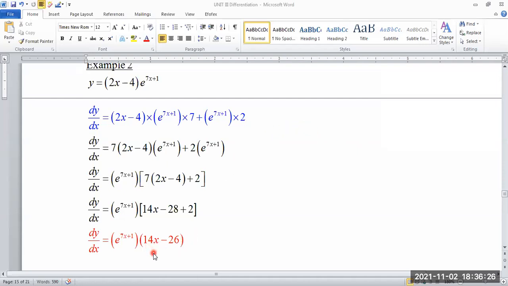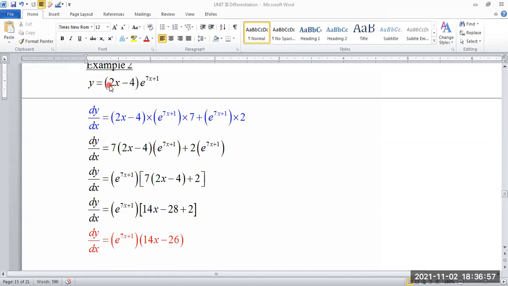So I have 14x minus 26 e. No, I'm saying they're combined. 14x e to the 7x plus 1 and then minus 26 e to the 7x plus 1. Oh, that means my answer is wrong, sir. Don't worry about it. I love the energy and the effort. Let's go.